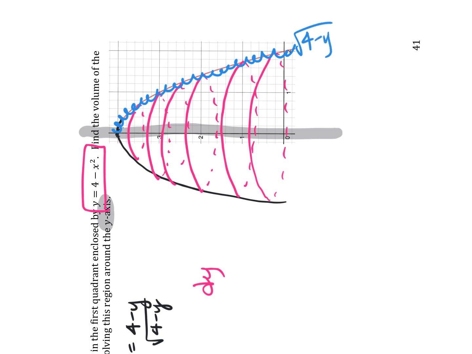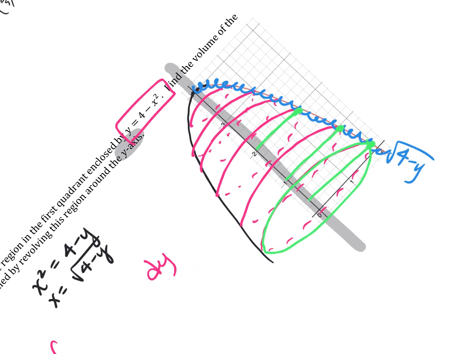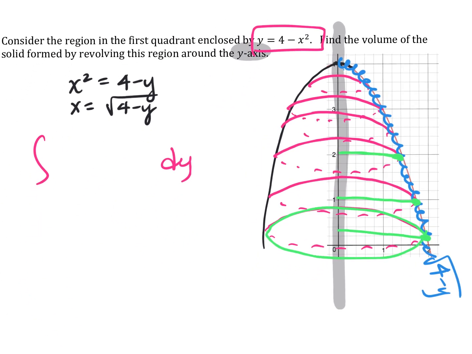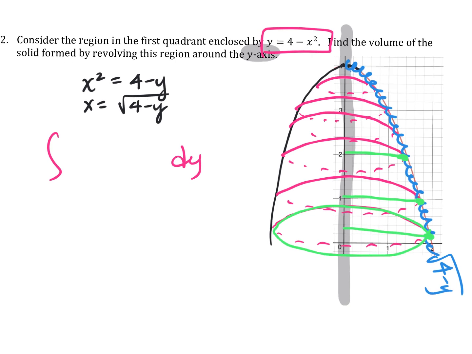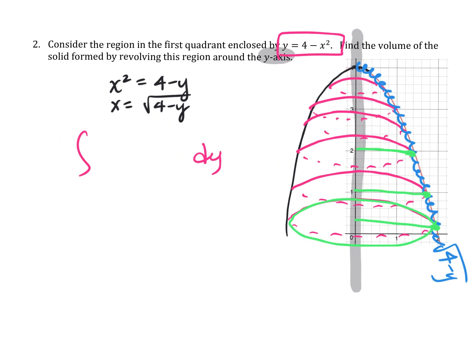You guys, is this green distance to the y-axis, please listen, root 4 minus y? Yes. What is that symbolizing on my circle? The radius. Thanks. Is it still the same formula? Always. Yes, great question. So how do I find the area of that circle?